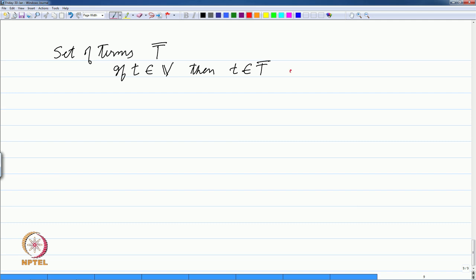In other words, every variable is a term. Likewise, if t belongs to the set of constant symbols, then t belongs to the set of terms. So, every constant is a term.